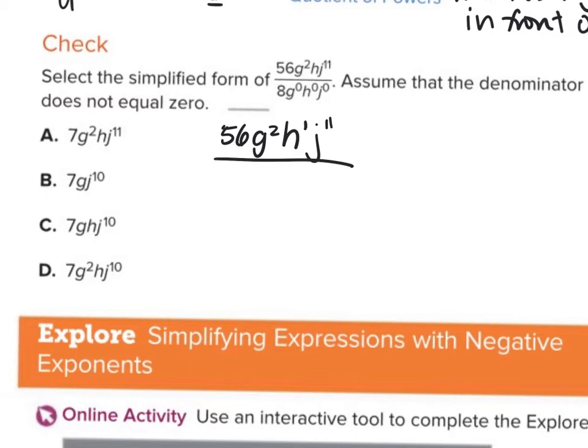Okay, the bottom. Does the 0 exponent go to the 8? So if you look at the bottom, is it on the 8 too? Remember, only what's directly in front of it, so just the G actually. So I'm going to keep the 8. Now G to the 0 would become 1. So that's like 8 times 1.